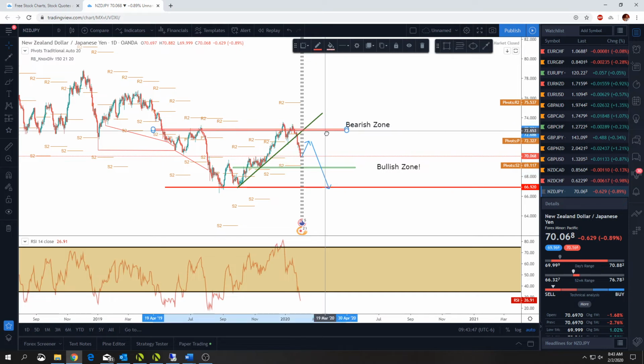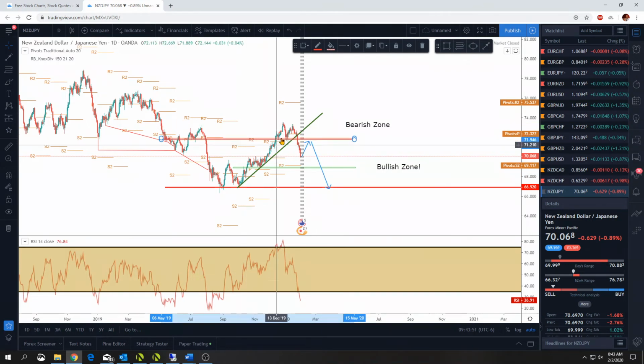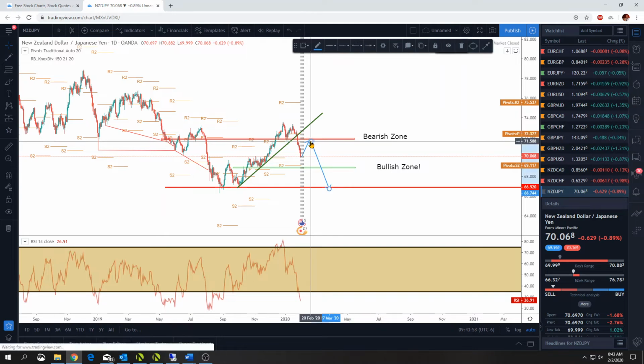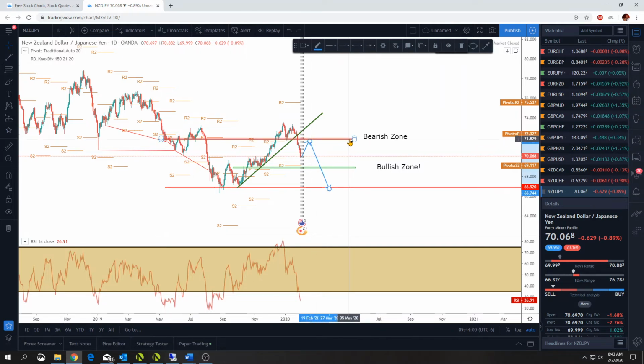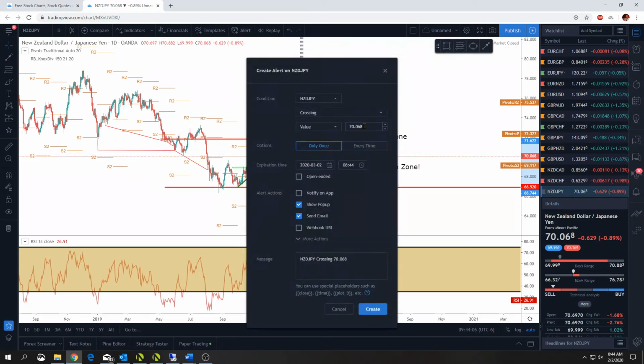I'm going to get bearish right there, this former support. I'm going to look for this pullback, wait for it, and then I'll get bearish. So I'm going to put an alert right there, 71,657. 71,657. Looking to sell.